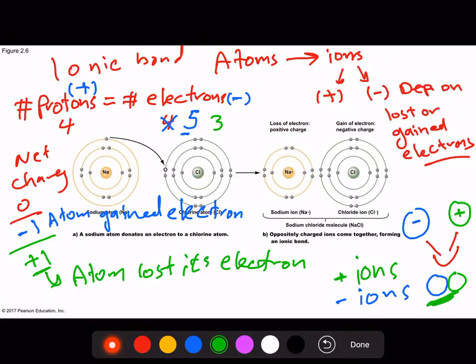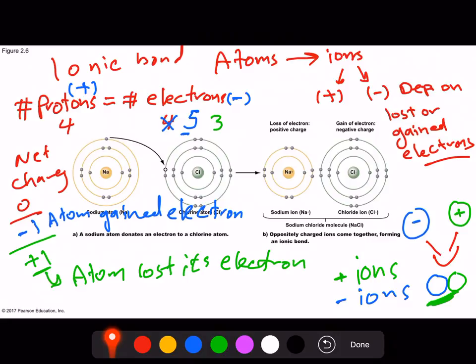The ionic bond is the attraction between a negatively charged atom and a positively charged atom. But from where did we get these negatively charged or positively charged atoms? Because one of them gained, the other one lost its electron.